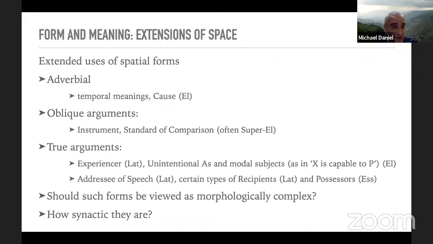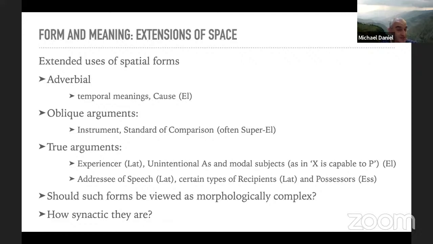Temporal meanings are massively expressed by spatial forms. It's very rare that you find a special marker for temporality. Oblique arguments are often expressed by spatial forms in East Caucasian, like instruments, or the standard of comparison, very often expressed by superlative "from on him, I am higher," and also true arguments, as we have seen.